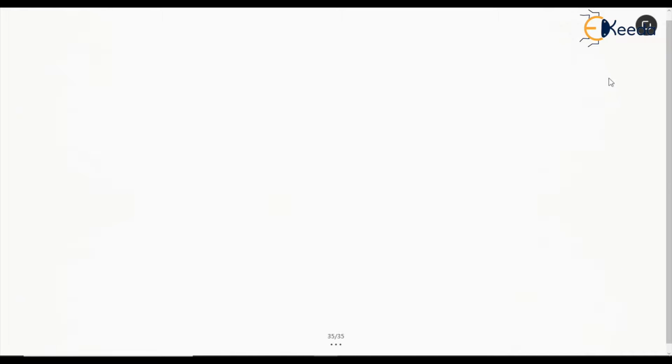Hello everyone, in this session we'll see line integral for a scalar function. So let's see, it says compute the integral of y e to the power of x ds.